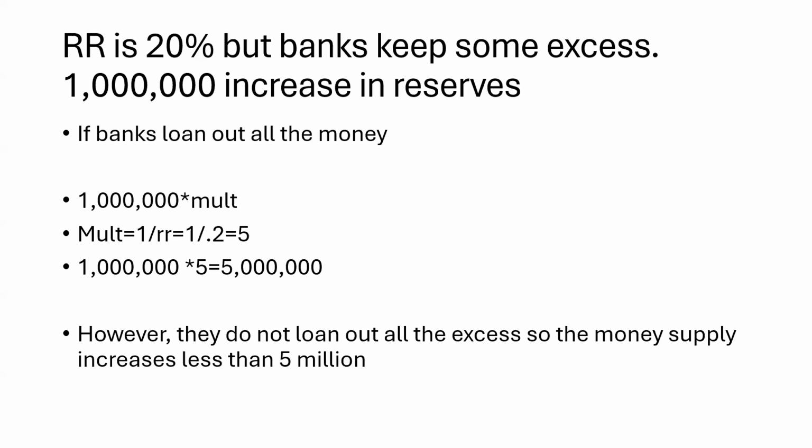If I'm loaning it all out, I times it by the multiplier of 5, that's 5 million. However, the problem says they do not loan out all the excess. So I'm gonna hold back some of this million, so the answer has to be less than 5 million. So it's B, as in broccoli. That was 19 and 20.